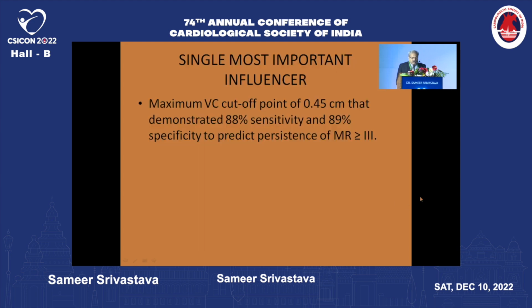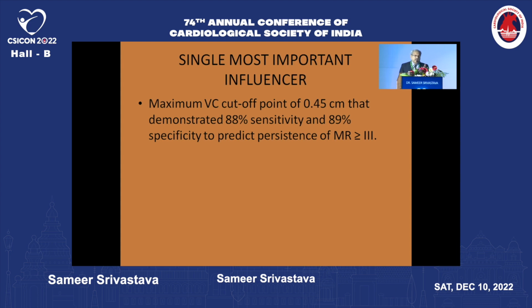So what have people tried and tested is something very different, and I'll just come to the sum and substance of it. The sum and substance of it is that a maximum vena contracta cutoff point of 0.45 centimeter has demonstrated 88% sensitivity and 89% specificity to predict persistence of MR which is more than grade 3.